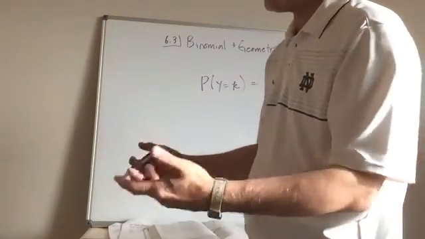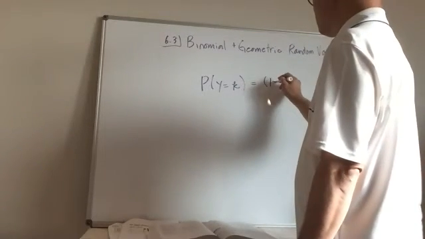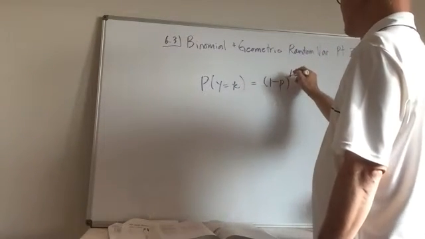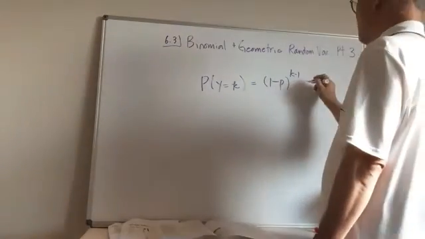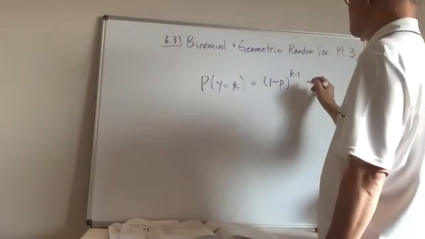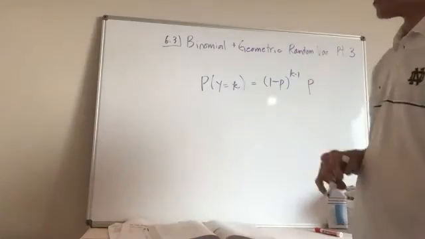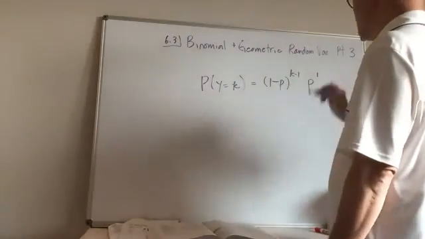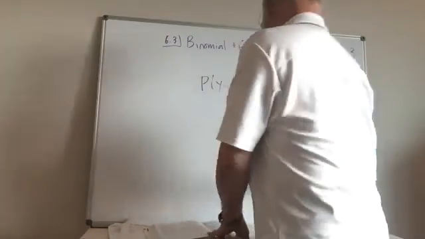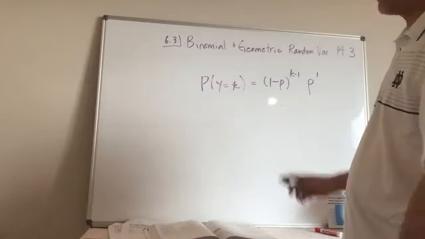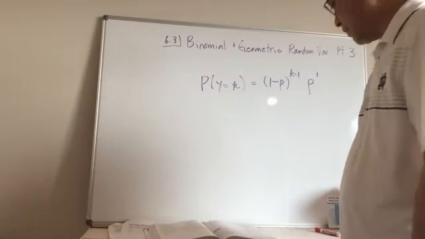Every single one before had to be a failure, so you failed, with probability 1 minus p, k minus 1 times, and then on the kth turn you finally got a success, times 1, basically. That is how you calculate the geometric PDF, the probability distribution function.